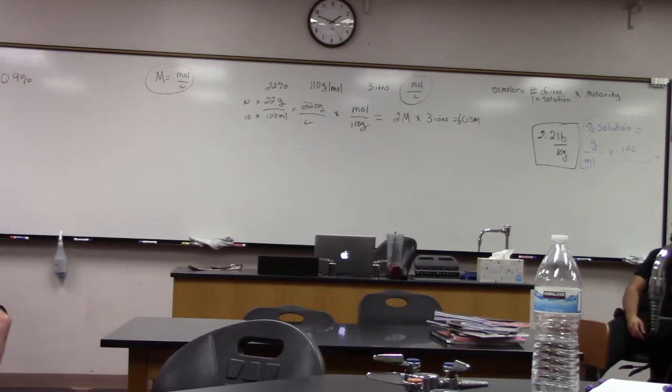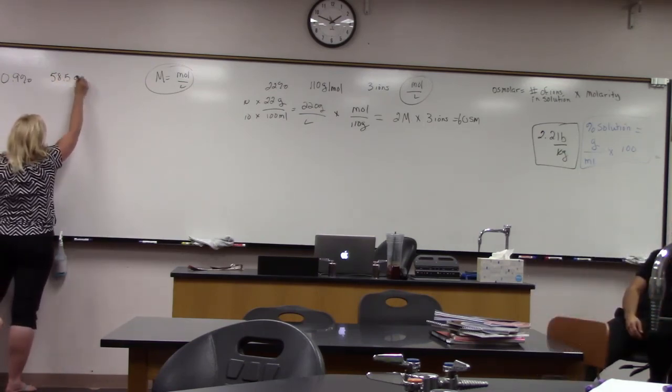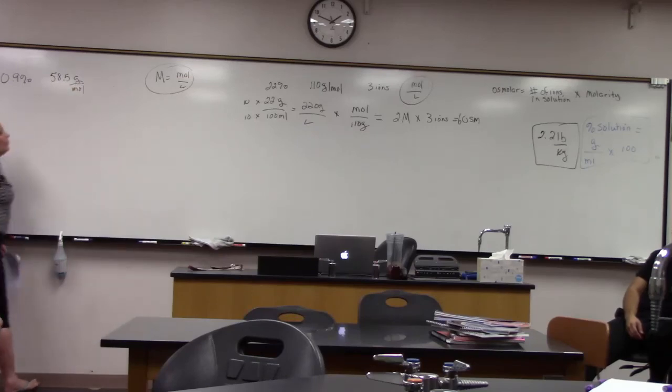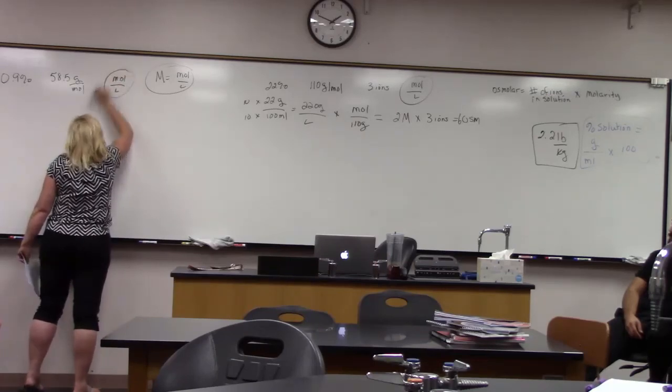What else do I need to write down? Okay, 58.5 grams per mole. What else do I need to write down? What we're looking for, which is molar concentration. Okay, so I need moles per liter. This is what I'm looking for.